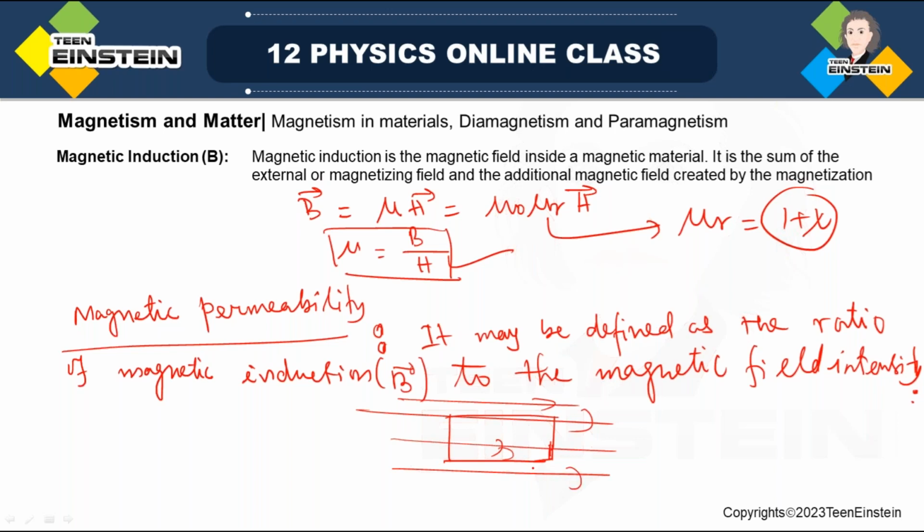Permeability is the quantity which tells you how many magnetic field lines will pass through, or be permitted through, the magnetic material. That is magnetic permeability.